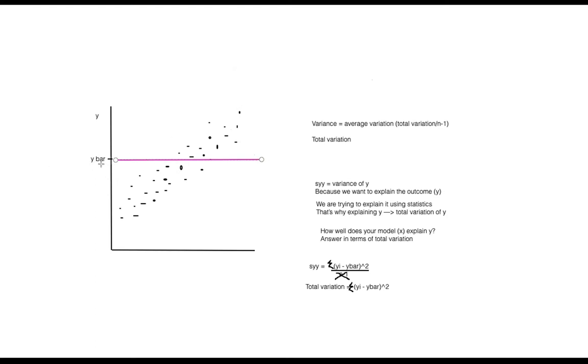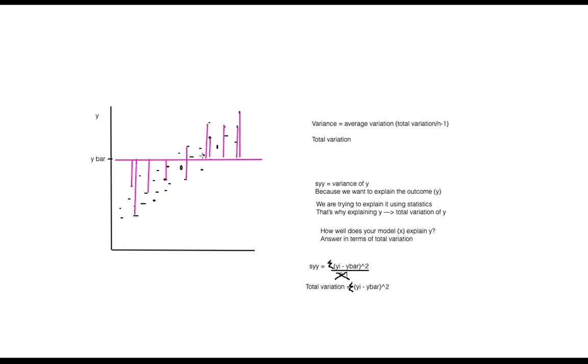This is the y bar value, and you're comparing all of these distances between a line and the mean value. So you're looking at all of these distances here. This is the total variation in your dependent variable.